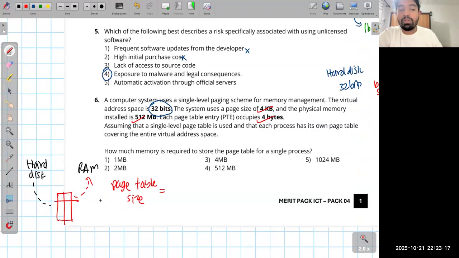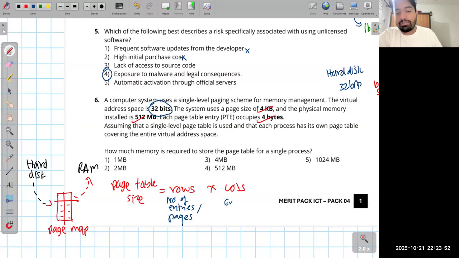So they ask you the size of this table. Because of capacity issues, all the data in the hard disk won't go to the RAM, so it will be mapped to this table, and the table is what goes to the RAM. Understood? Then you get the equation rows into columns. Rows means number of entries or number of pages. Columns means entry size.